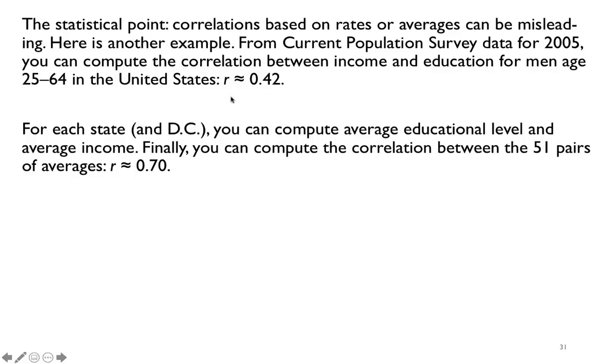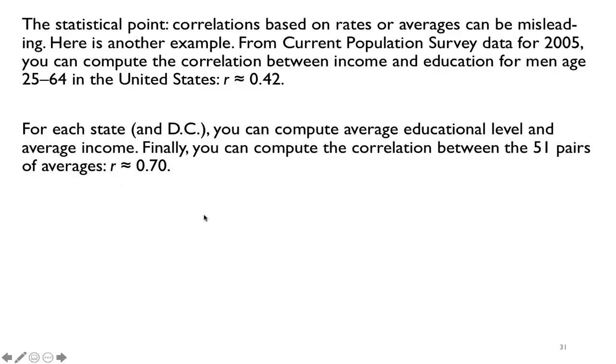So we look at the average instead of all the people individually, and then compute the correlation between the 51 pairs of averages, again 50 states plus Washington DC. The correlation coefficient goes up much higher.